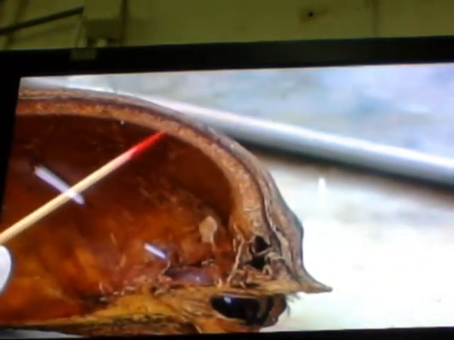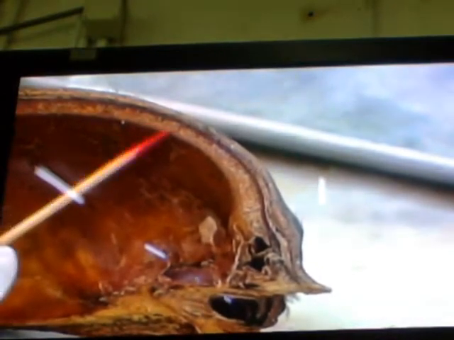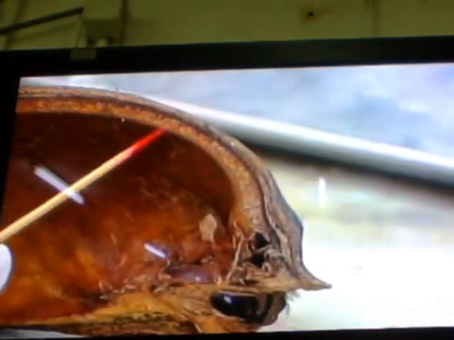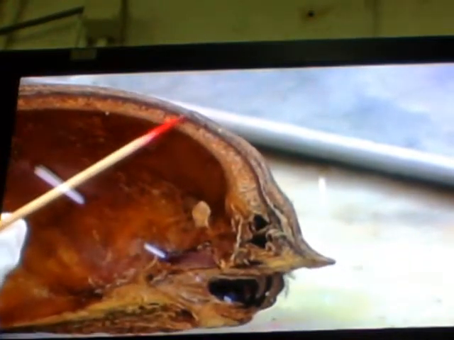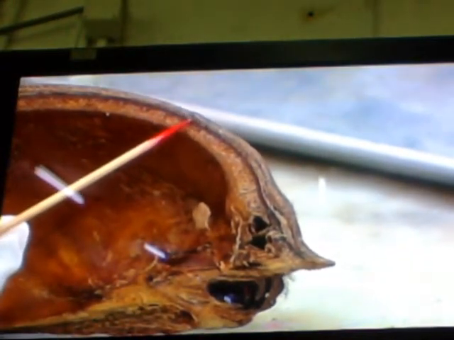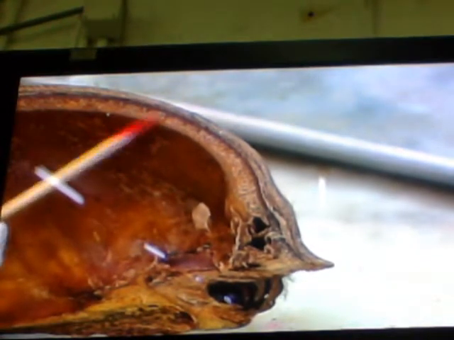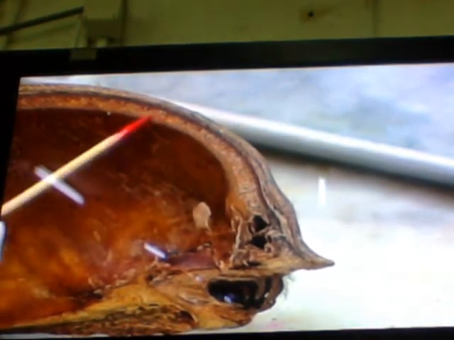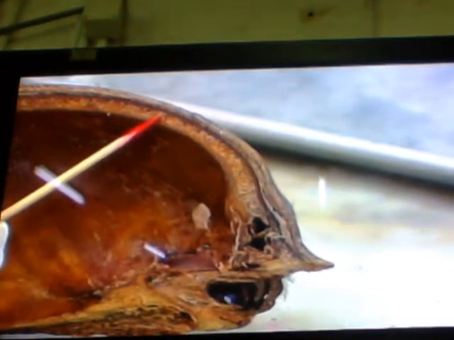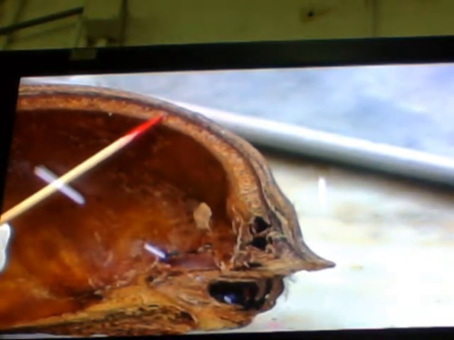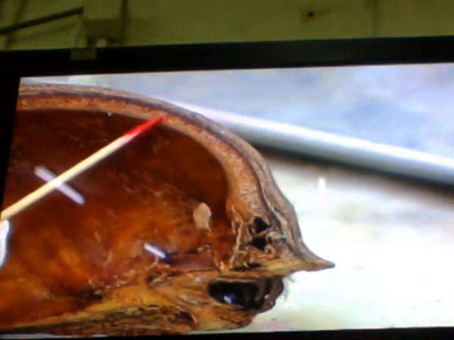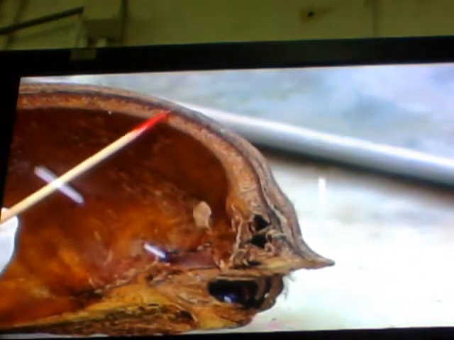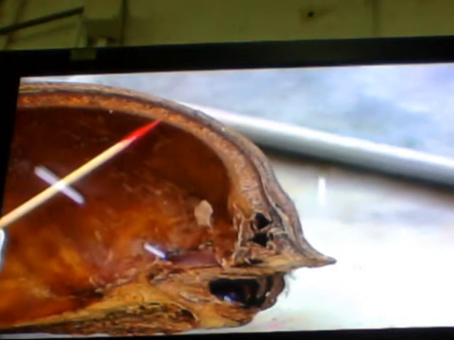Okay? Compact bone of the inner table of the frontal bone. The outer table is here, and this space here is made of spongy bone or cancellous bone. Right, so spongy or cancellous, outer table, inner table.